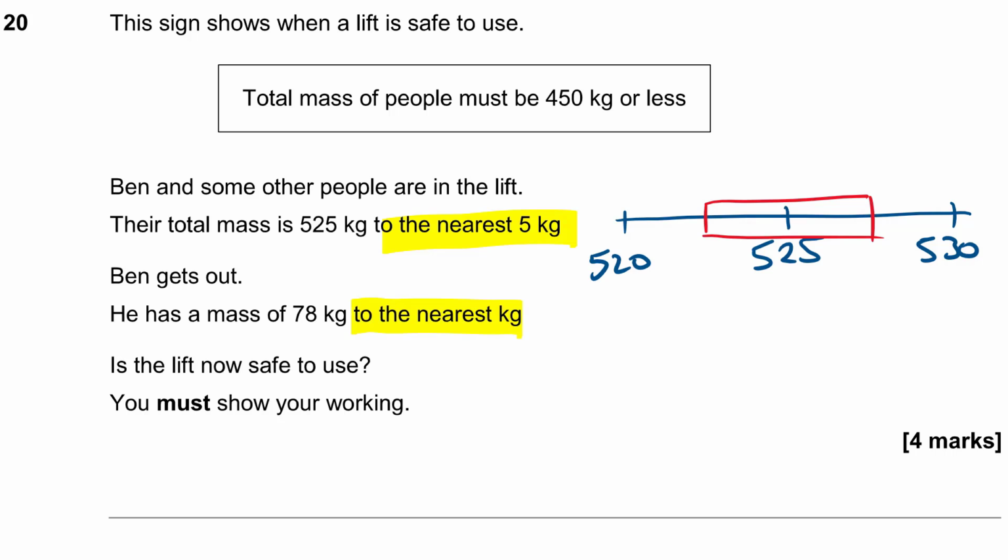So anything more than halfway between those two numbers is going to round to 525. So what is halfway between those two numbers? Halfway between 520 and 525 is 522.5. So that's going to be my lower bound, and my upper bound is going to be halfway between 525 and 530, which is 527.5. Okay.